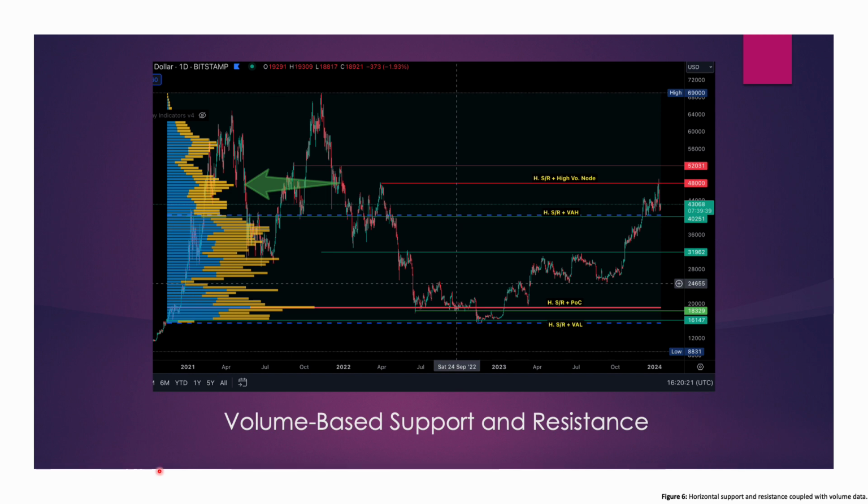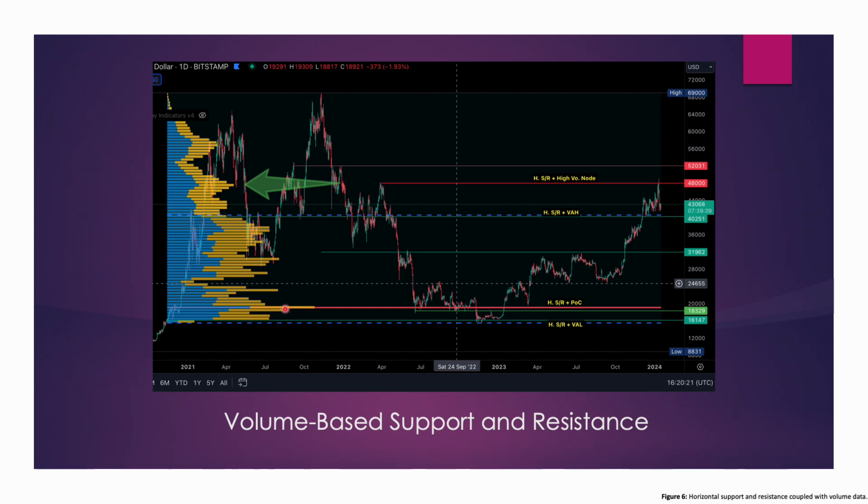So let's go over Bitcoin's chart. This is the value area low, okay? And you can see that the value area low has confluence with the Bitcoin bottom. So this could be a very good indication for you to try and long this level.